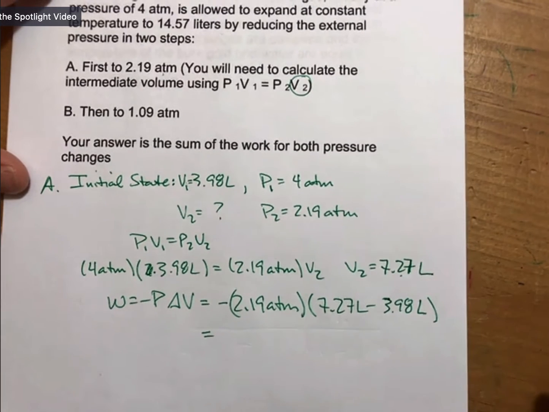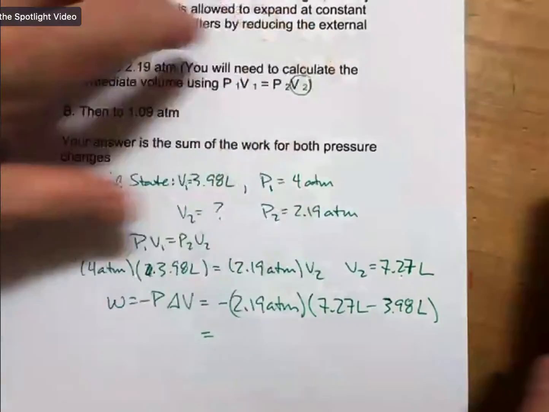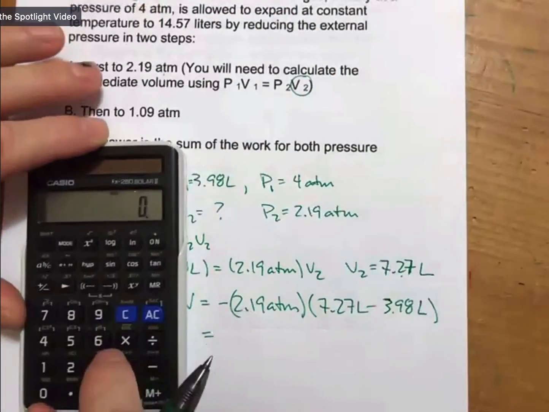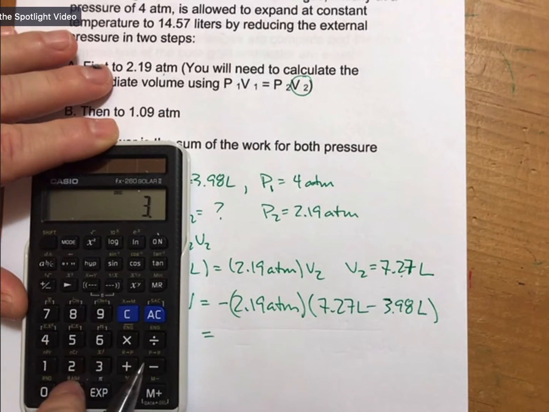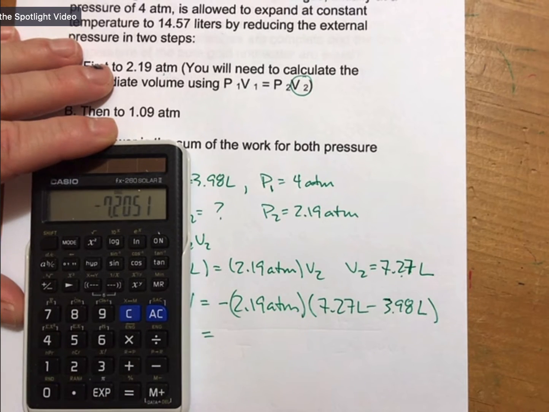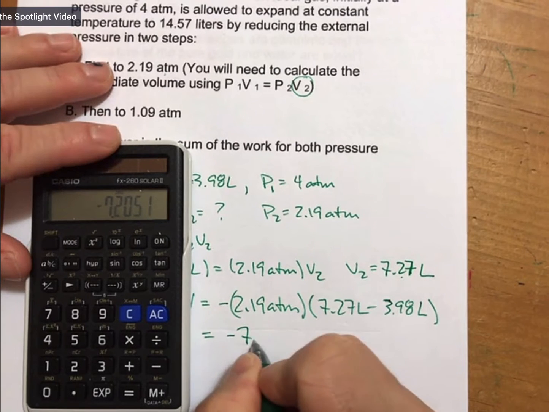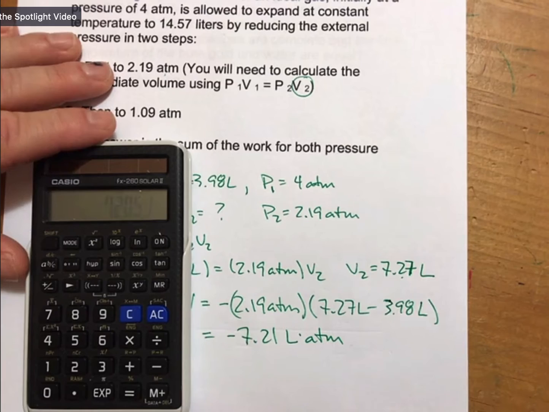And if I calculate this, I'm going to do my subtraction first. I get minus 7.21 liter atmospheres.